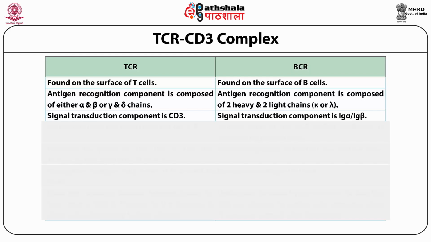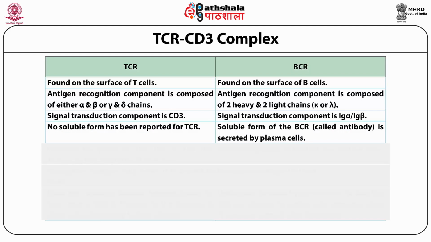The fourth point of difference is that while the BCR is found in membrane bound as well as secretory form, which is antibody, the TCR is only found in its membrane bound form. The fifth point of difference is that the TCR contains only one antigen recognition site, while the BCR contains 2 identical antigen recognition sites.